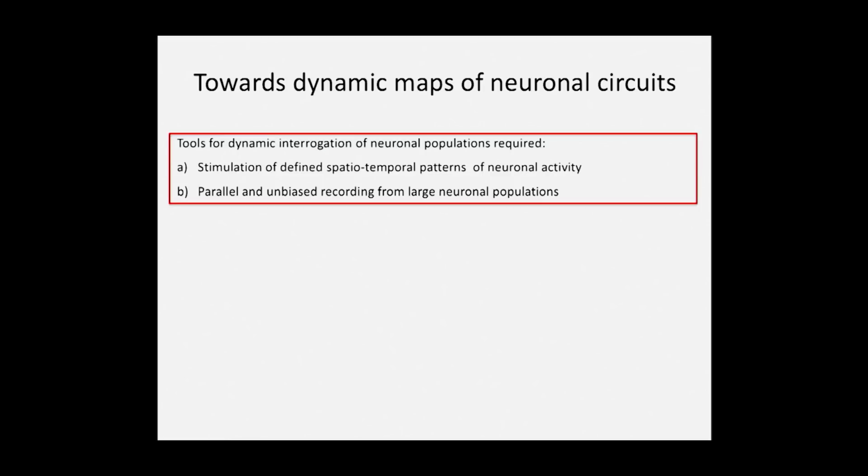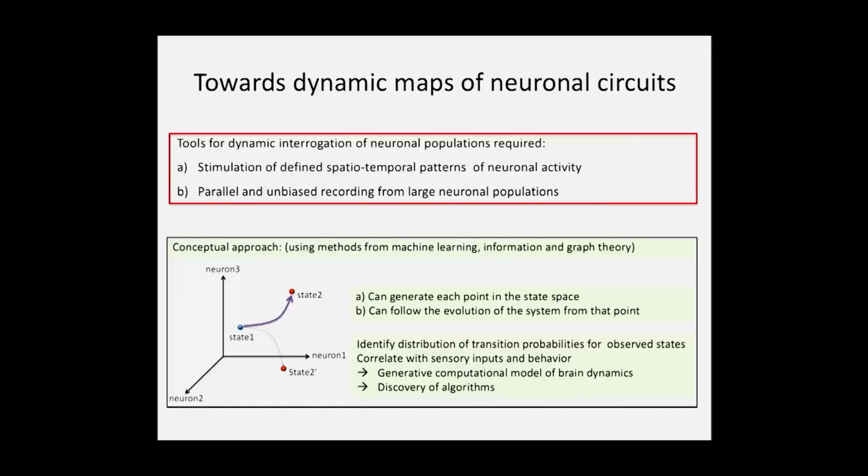And you can also think about, if you had these tools, how we would go about approaching some of these questions conceptually. What we would like to do is use methods from machine learning, graph theory, and information theory to approach them. So in this example, you can imagine that the first set of tools could allow us to position ourselves in each of these individual states of this abstract space that is the state space.